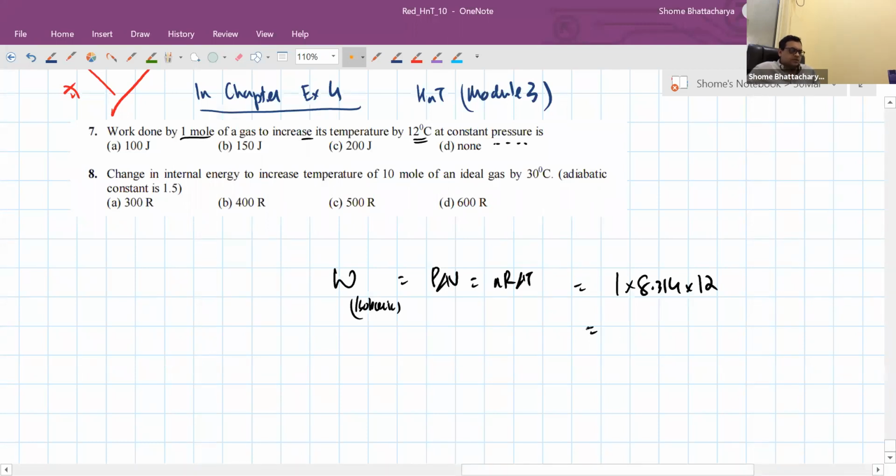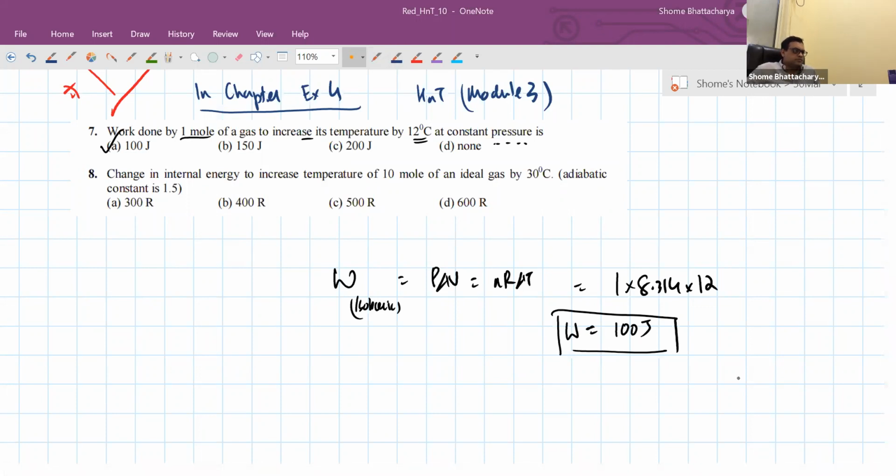That should be nearly 100 joules. 99.8 joules to be precise. So in the answer key, it is given none. Oh, yes. Okay. So just make a correction. It's nearly 100 joules. Okay.